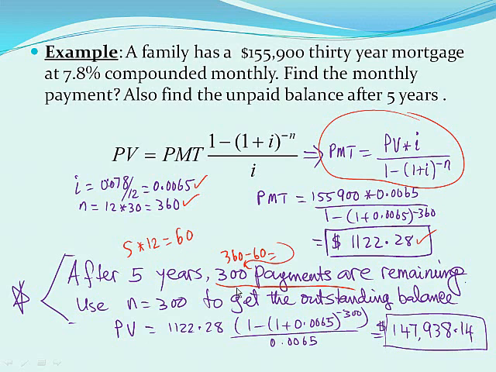So use the present value formula, which is again up here. The monthly payment is 1,122.28. N value is 300. Notice that we only have 300 more payments to be made. We use the same rate, I, and come up with 147,938.14, which is the outstanding balance after making payments for the first 5 years.